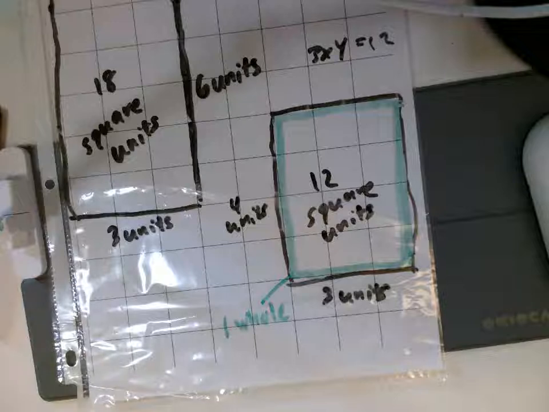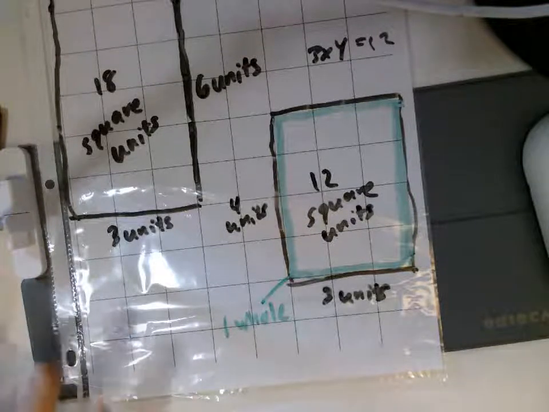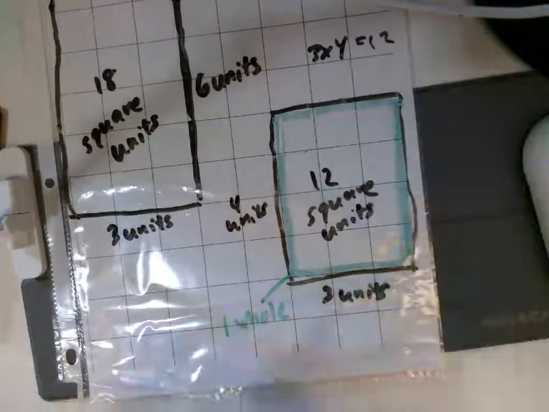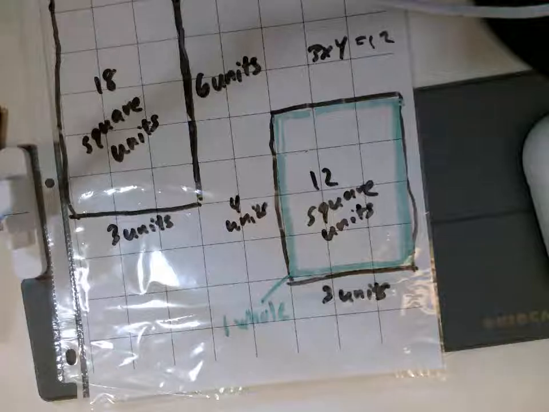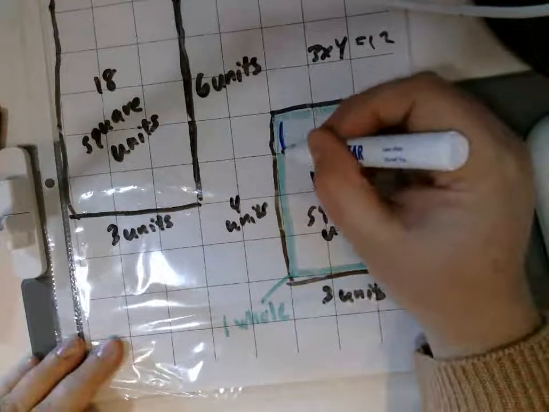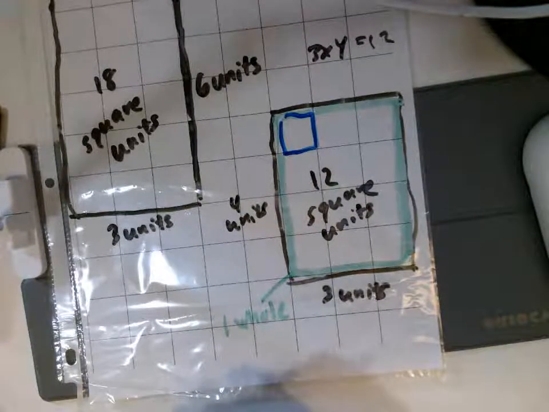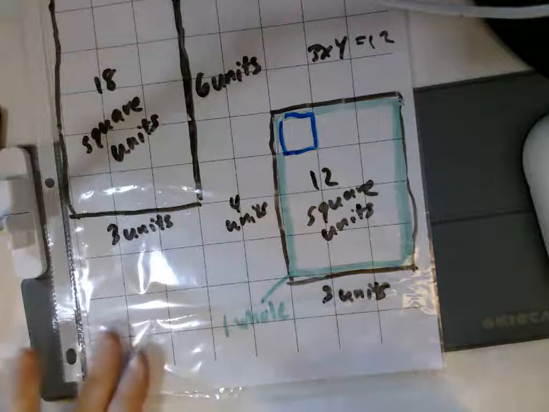Okay, but like I said, we also know that there are smaller parts of the whole. Okay, so we're just going to take one of these squares. Oop, my pen is not working. Let's try my blue. Okay, and if you don't have any colored pencils, that's okay. You can just shade that a little bit darker.